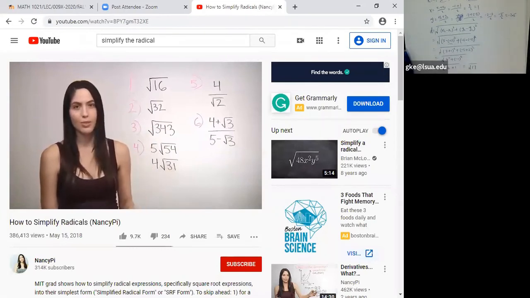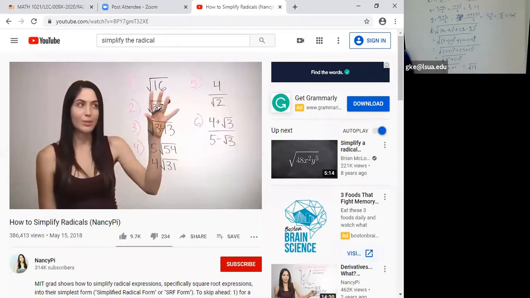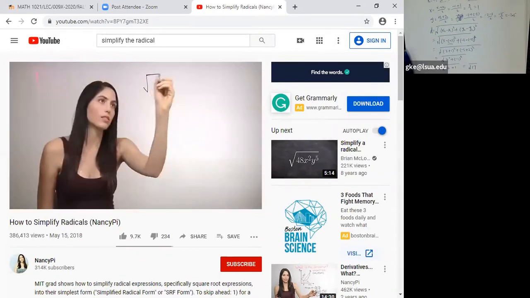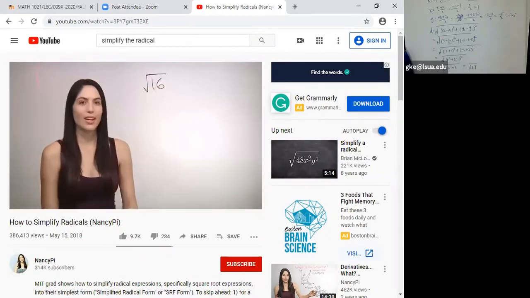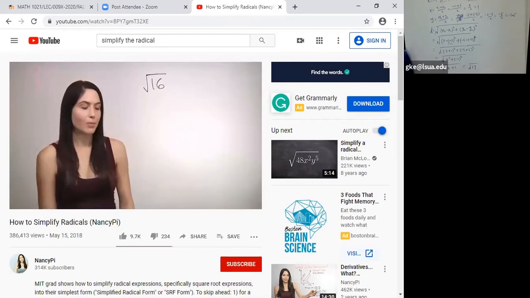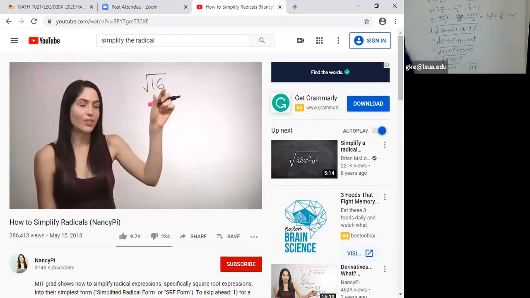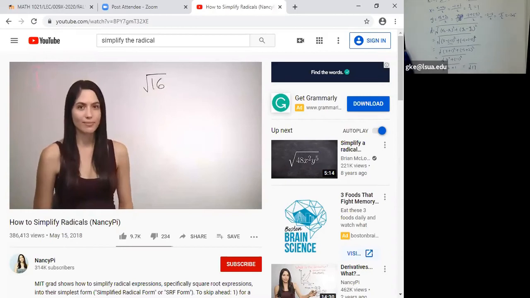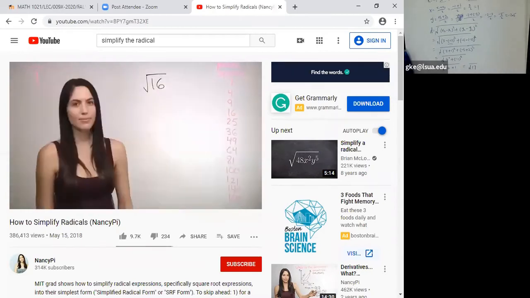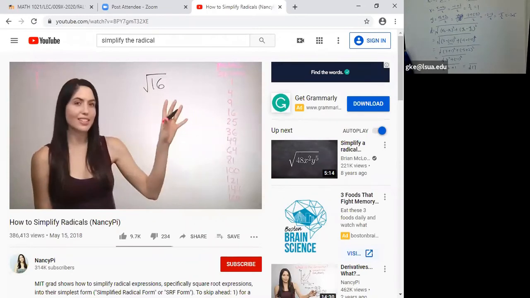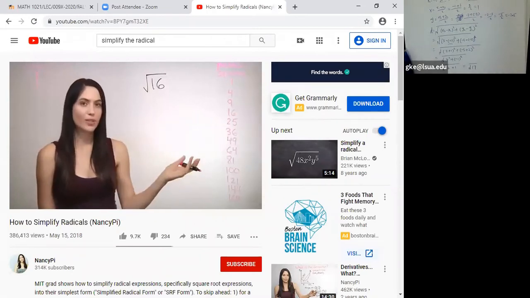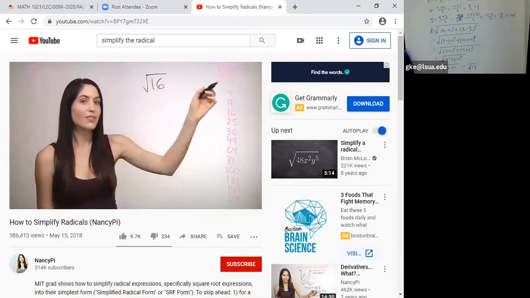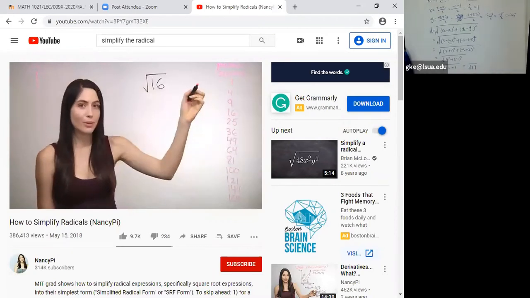This is college algebra, so we don't address such things in the class. I assume everybody already learned it, then you don't need to learn it again. My point is, if you forget it, just go to YouTube and search how to simplify the radicals, and you can find a bunch of videos. Just follow the videos. Keep some recap on all the stuff that you learned.